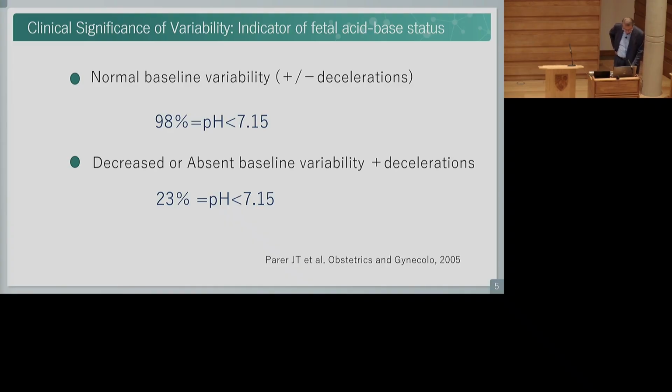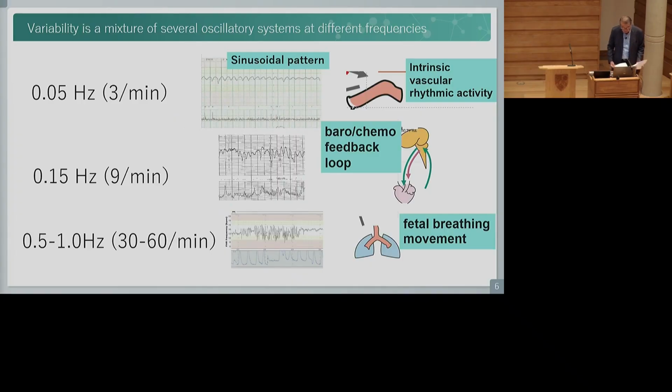In contrast, when variability is absent or reduced in association with decelerations, the risk of acidemia increases substantially to 23%. Therefore, variability provides important information about fetal physiological reserve.